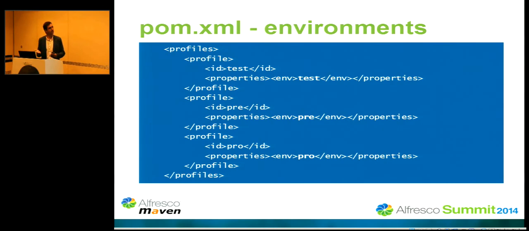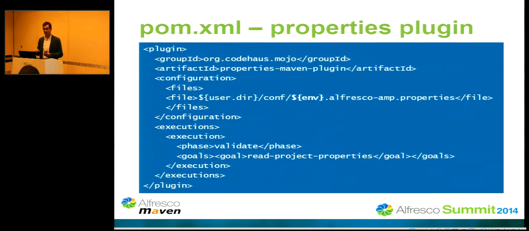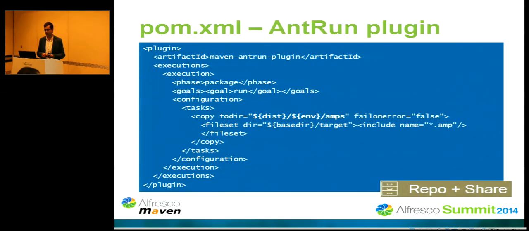You can define any. And we are using the Maven properties plugin in order to tell the modules where the properties are. We are using the env parameter in order to tell where the properties we are packaging are.